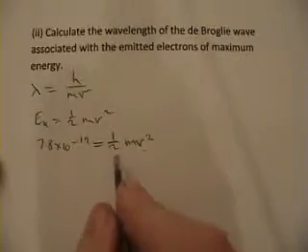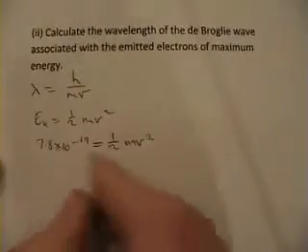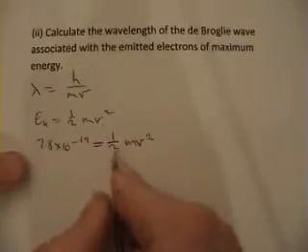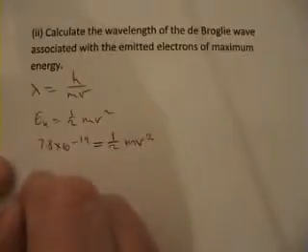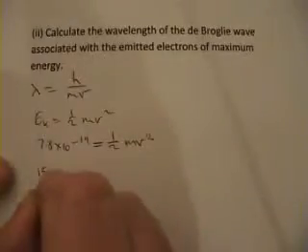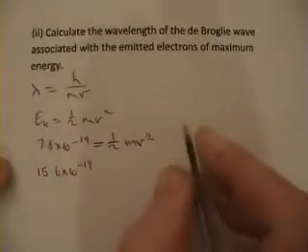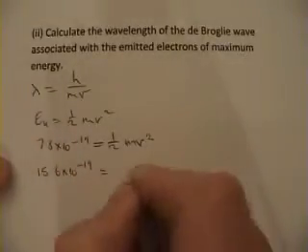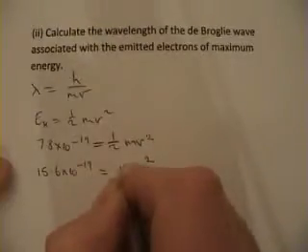Now I know m, I'm trying to find v, so if we rearrange this equation and I multiply by 2, what do I get? I could use a calculator, but I'll just say I get 15.6 times 10 to the minus 19 equals mv squared.